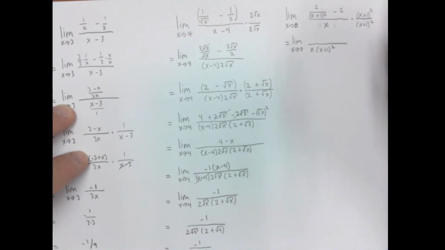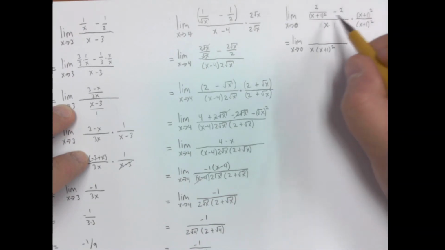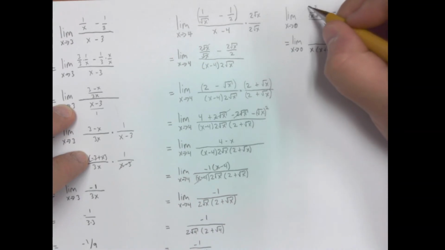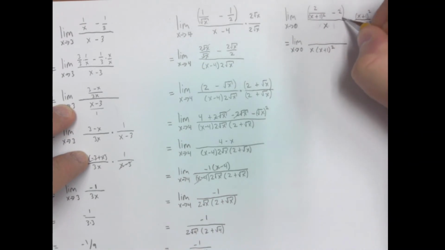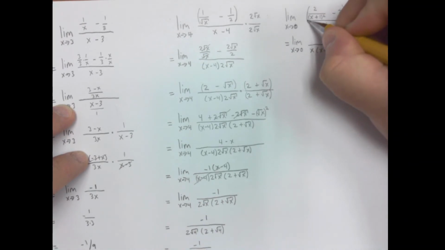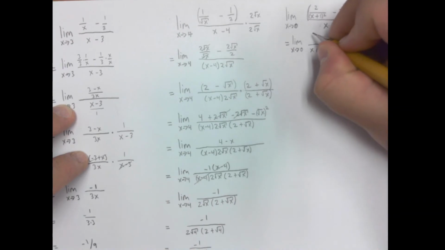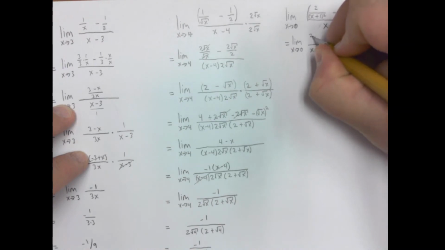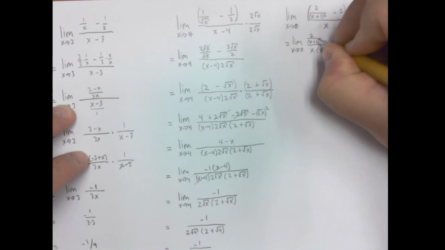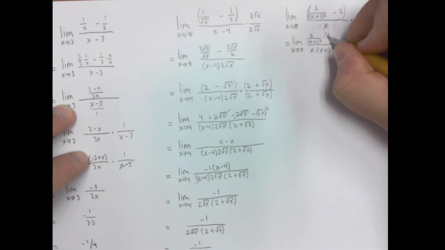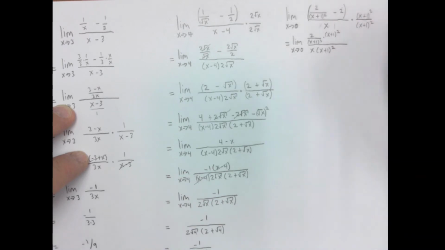Now the numerator, we have a single term multiplied by 2 terms, so we do need to recognize that there needs to be parentheses right there, and now we need to distribute. So we have 2 over x plus 1 squared times x plus 1 squared.